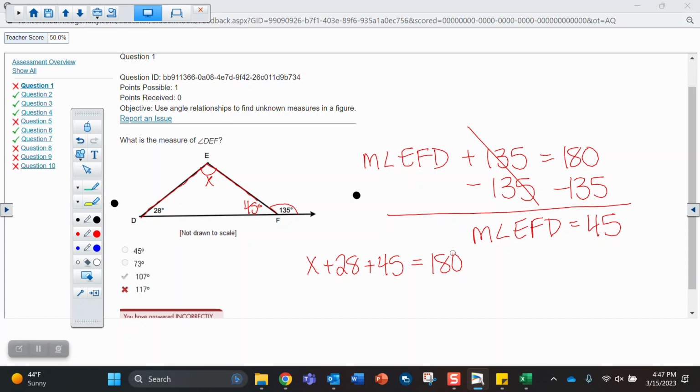So I'm going to add these two numbers together. 28 plus 45 is 73. That's just combining like terms so I can solve the equation. And then we're going to subtract 73 from both sides, and we find that x is 107. So the angle measure DEF up here in the top of the triangle is 107.